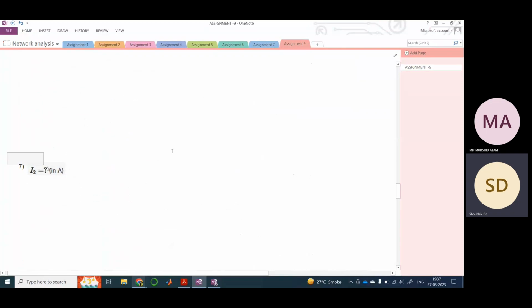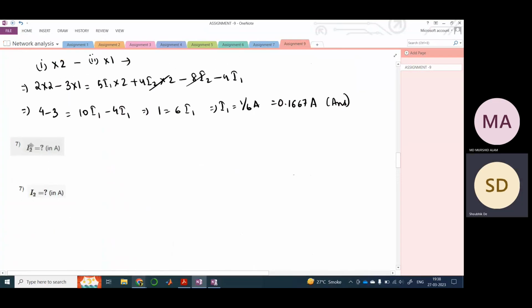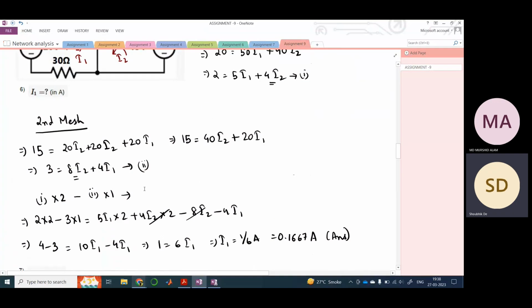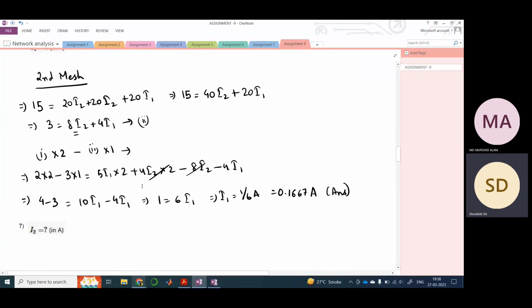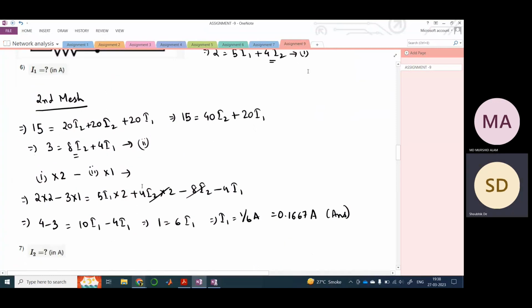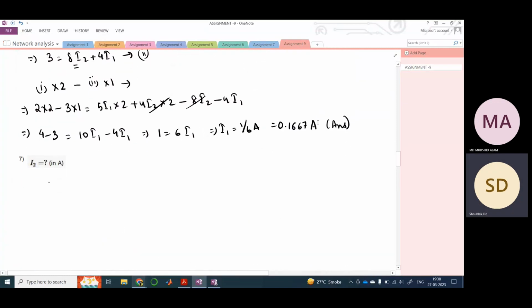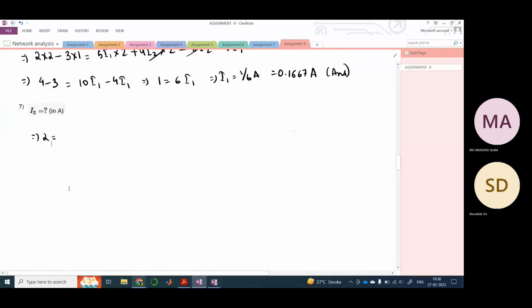Okay. So let us quickly solve the second part also. Let me take it up. Yeah. So what would be I2? So we just need to replace I1 in one of the equations. So let us replace it in the first equation. Therefore, this would be 2 equals 5 I1.